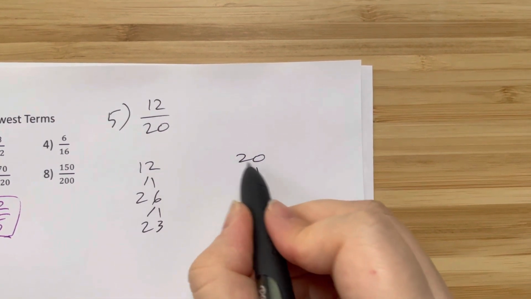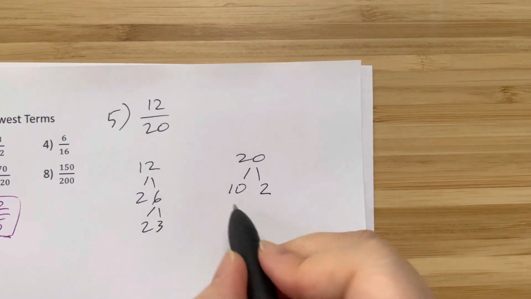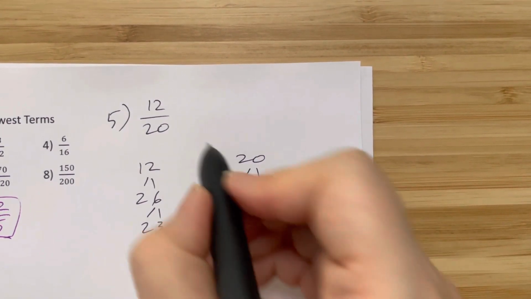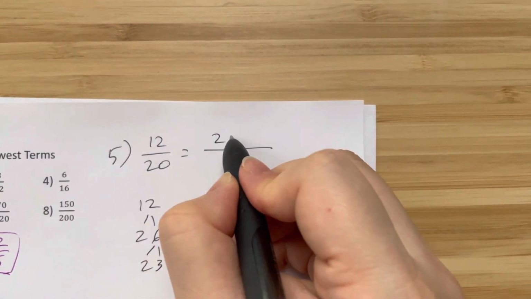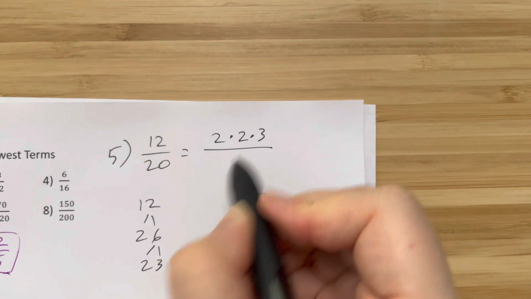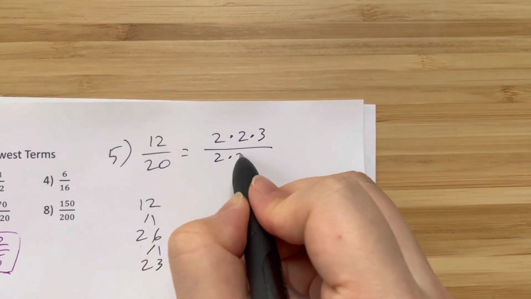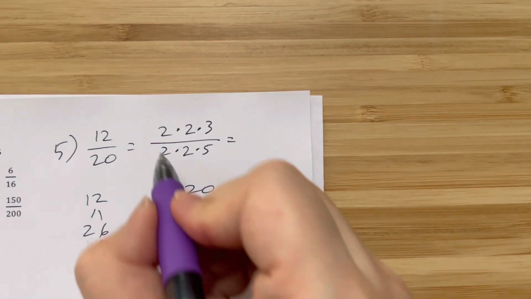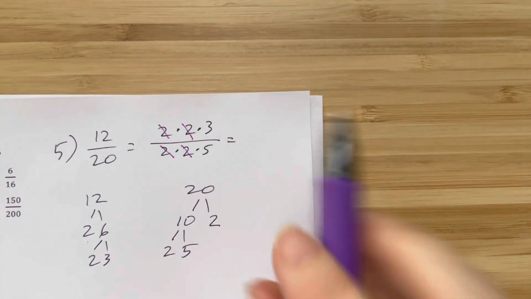For 20, since it ends in 0, I'm just going to write down a 10 and a 2, and then the 10 can break down as a 2 and a 5. So we have 2 times 2 times 3 from here, and then 2 times 2 times 5. What we can take out here is a 2 and a 2, and then we are left with 3 and a 5.